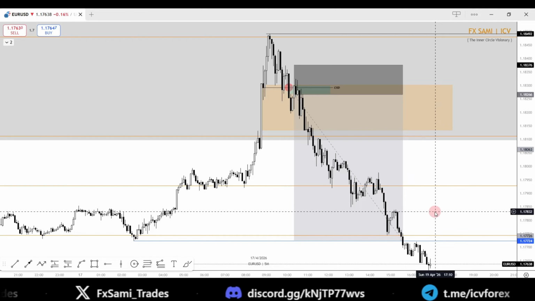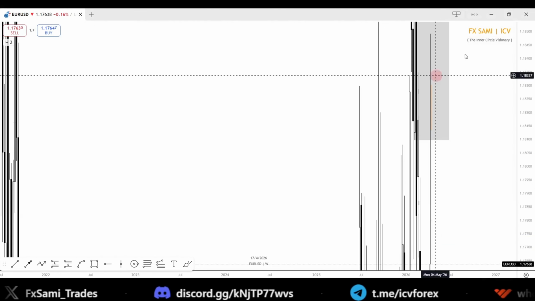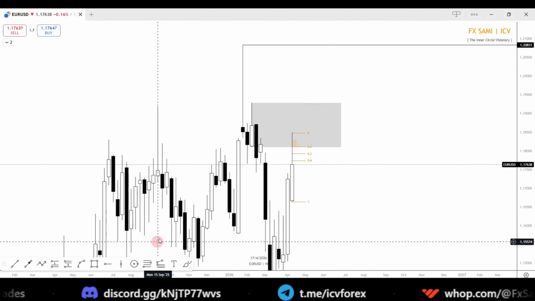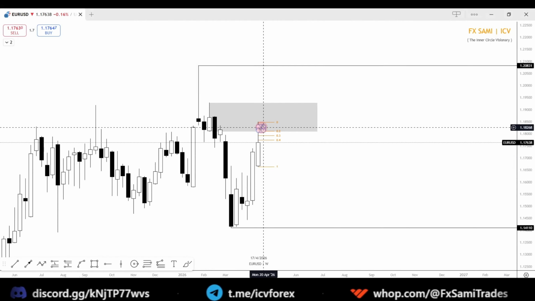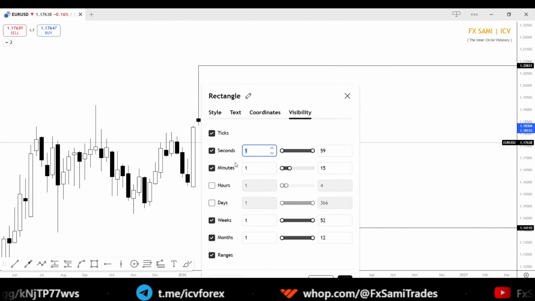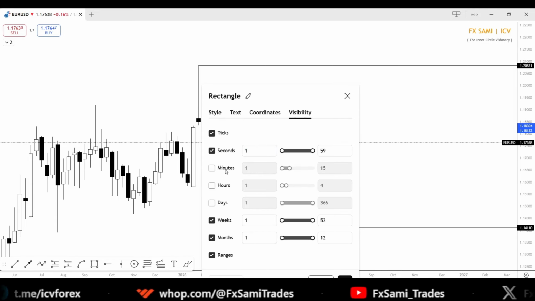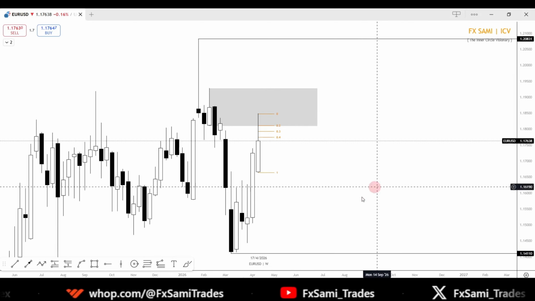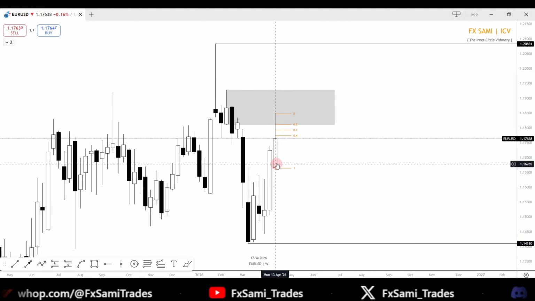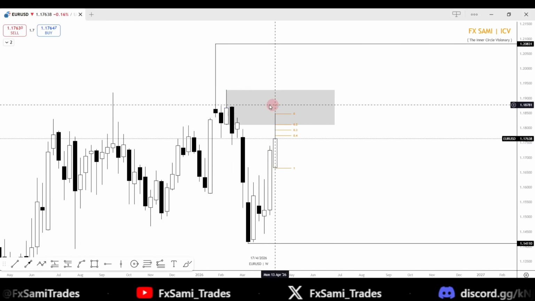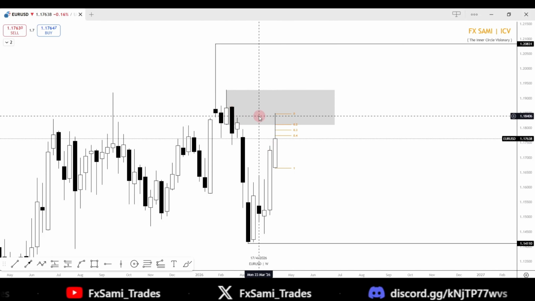So we're just going on the 1 week. So how did we start? The TGIF setup. So explaining the TGIF setup in the shortest way possible. Weekly candle, retests into a weekly point of interest.